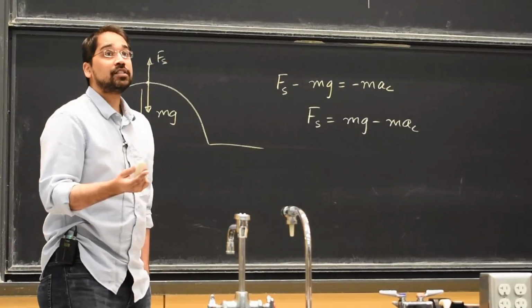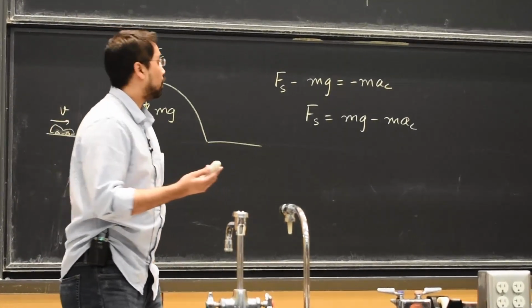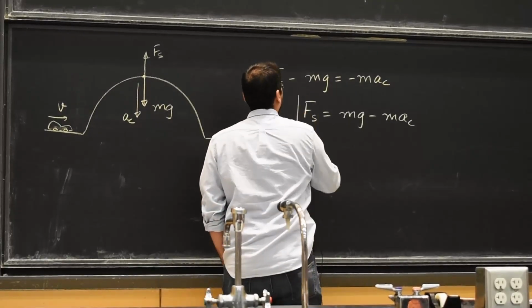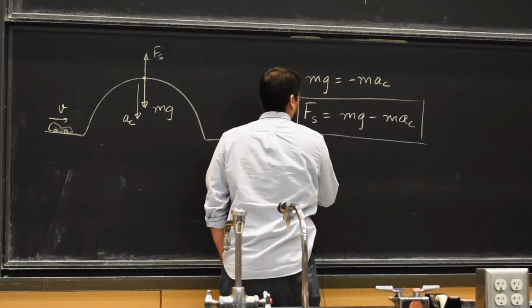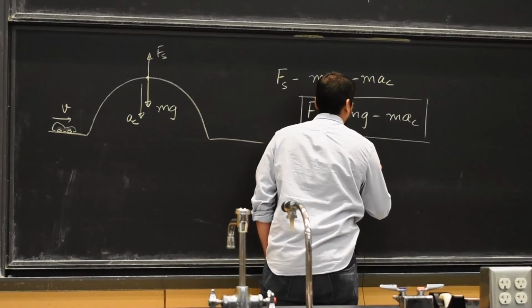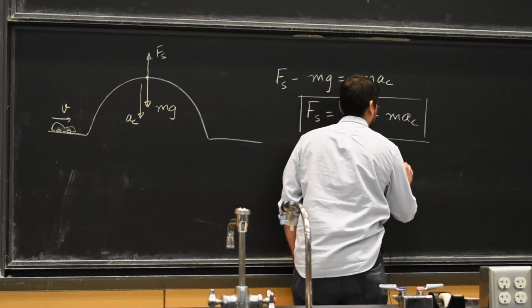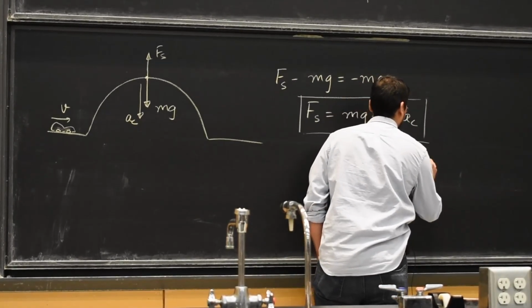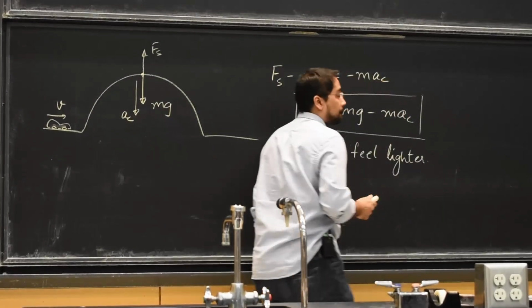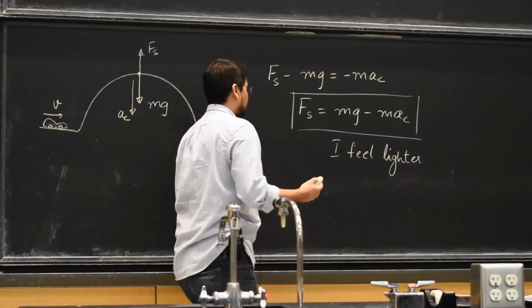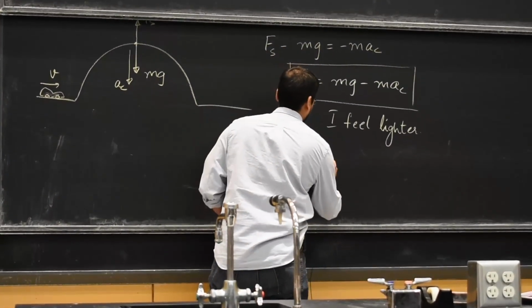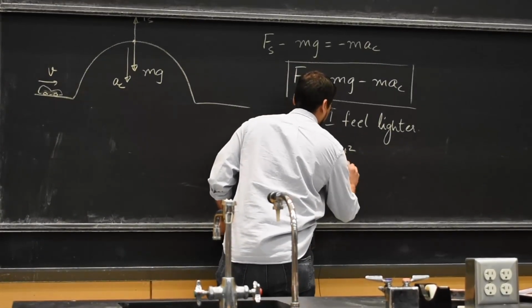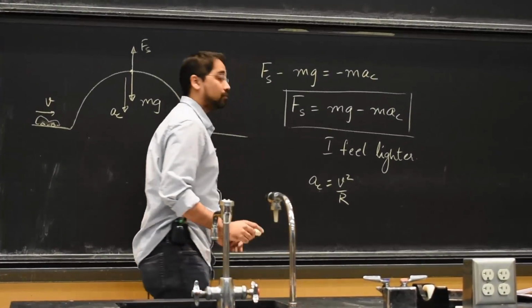It could be a lot less than mg depending on how fast you go. Remember, ac is v squared over r.